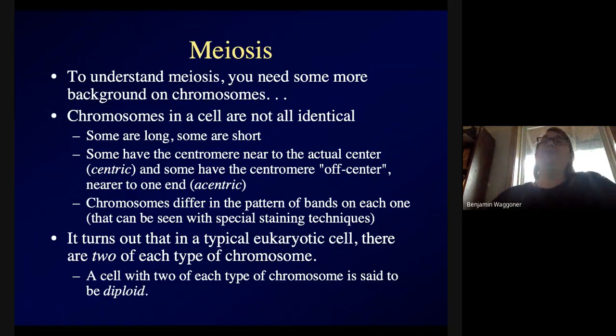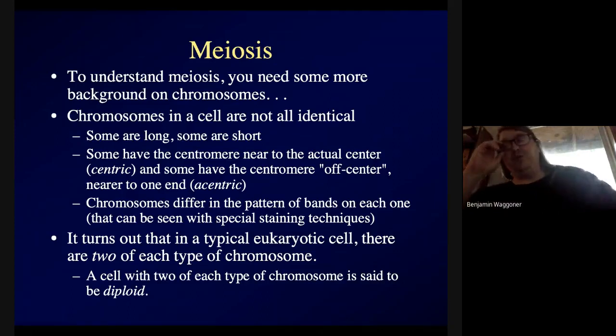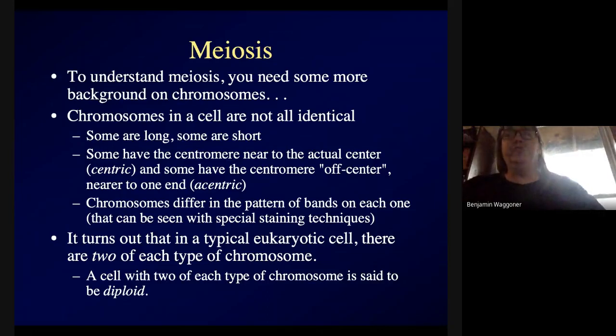And if you use special staining techniques, chromosomes have stripes on them. They have bands. You didn't see those in the slides that we just looked at, but with special staining techniques, you can spot the chromosomal bands.